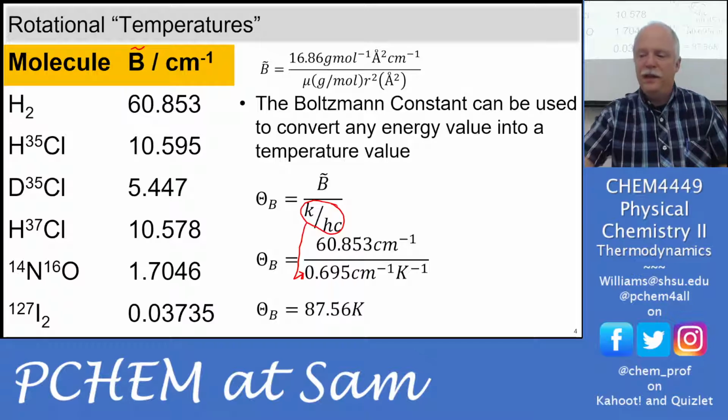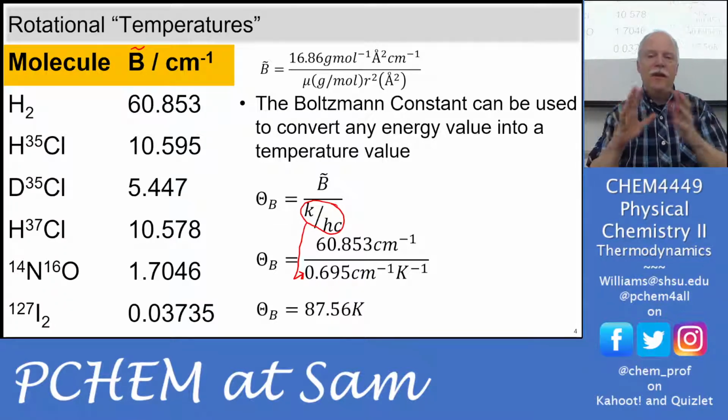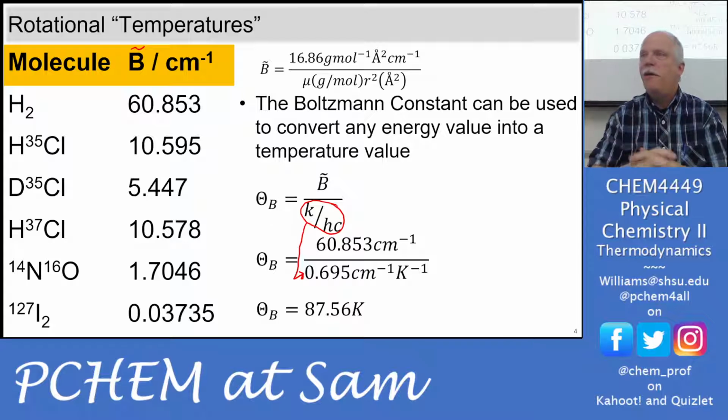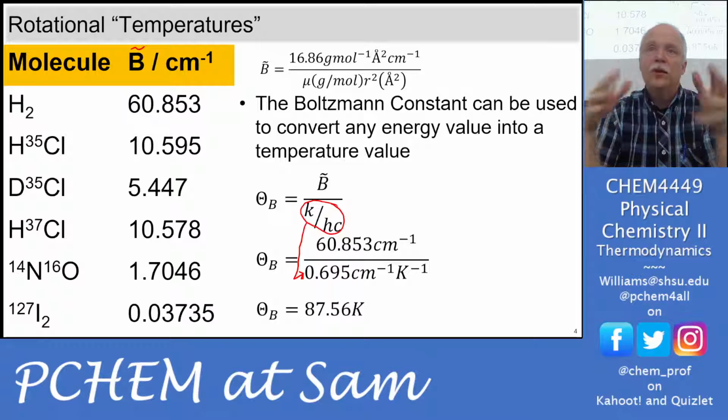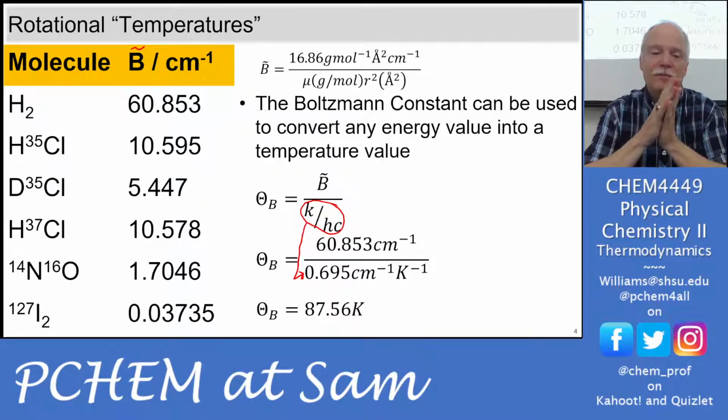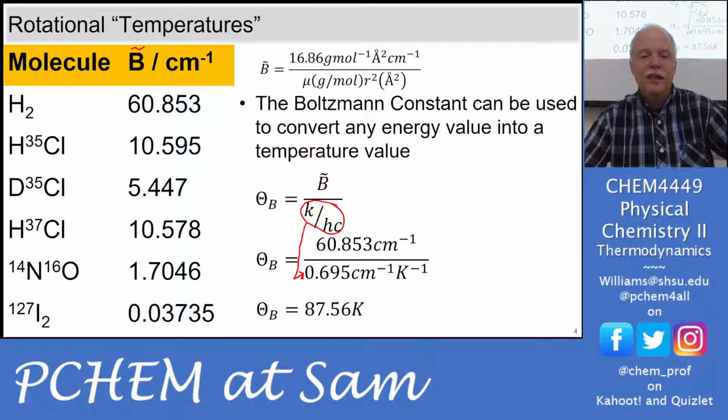So this says that even hydrogen, the smallest mass with the highest rotational constant, has a rotational temperature of 87 Kelvin, which is pretty cold. So once we're above 87 Kelvin, we start to lose those quantum effects of rotation, and it just becomes a statistical population of rotational levels. And we really lose it when we're 10 times that theta value. So at 870, we would totally lose all of the rotational effects of hydrogen.